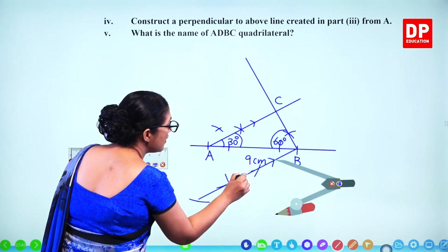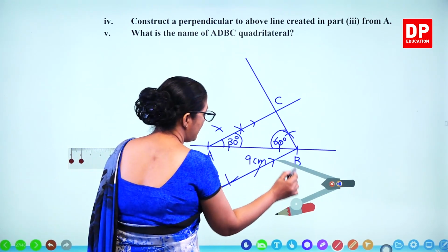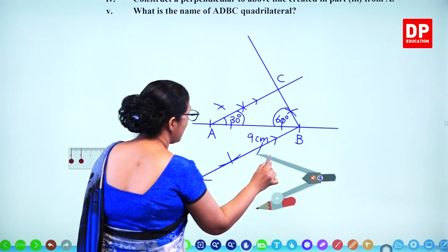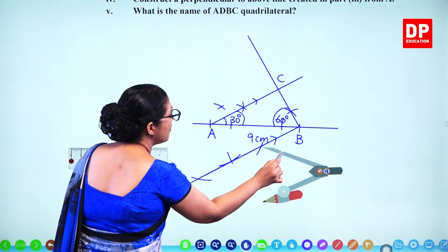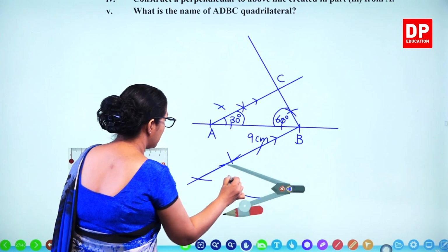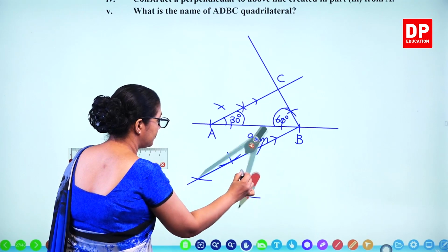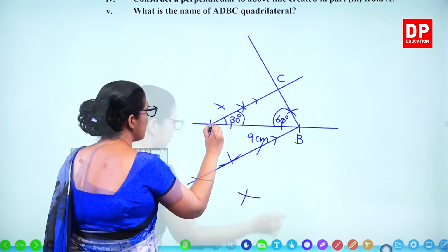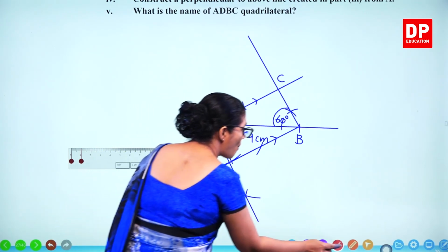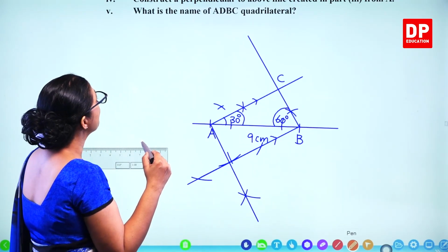We'll extend this line. Now from here, draw an arc here and an arc to this side. And then connect from A. So that's the perpendicular line from A to the parallel line we drew in part 3.